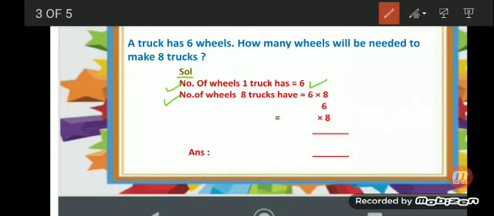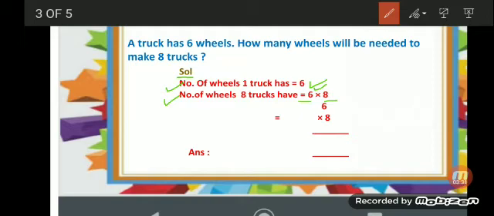Number of wheels 8 trucks have, this one we have to find out, is equal to, how will you find out? We find out by multiplying the number of wheels of one truck, this is the sign of multiplication, and the number of trucks. That means if one truck has 6 wheels, then for 8 trucks, number of wheels is 6 into 8.